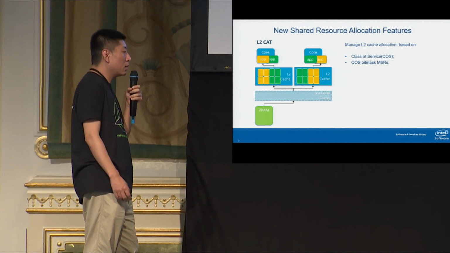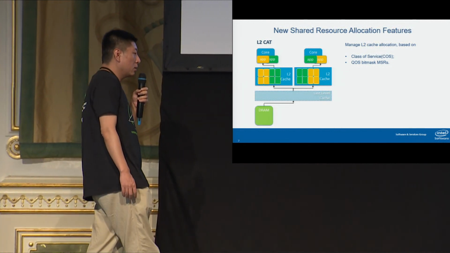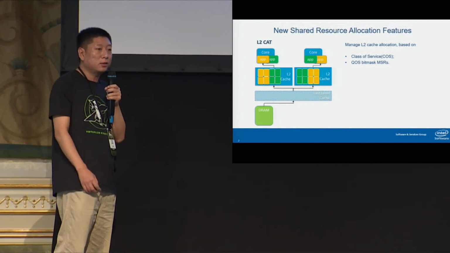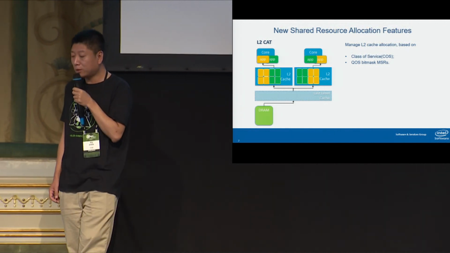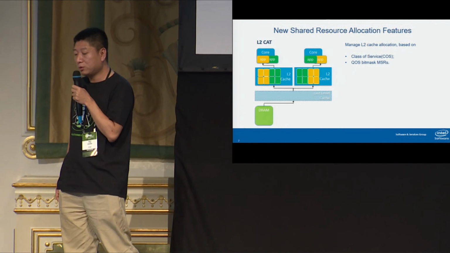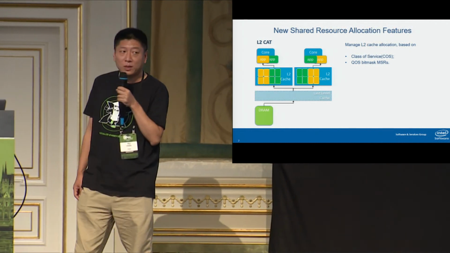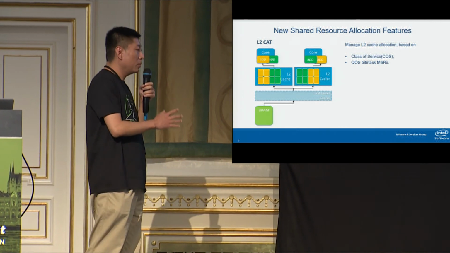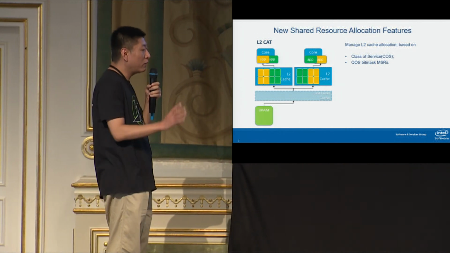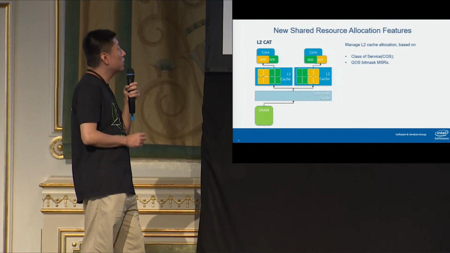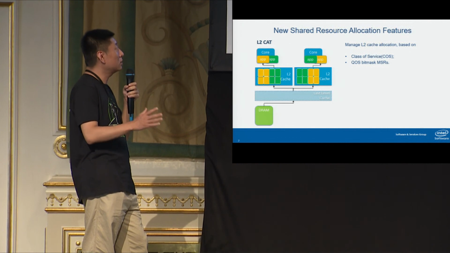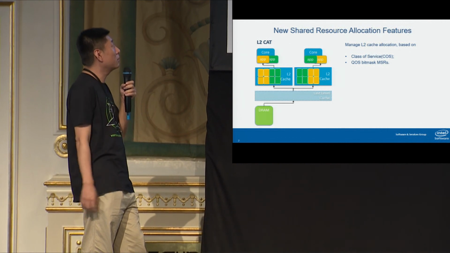This MSR specifies how many cache lines can be allocated to a specific user, and it also specifies how the cache lines are overlapped, shared, or separated and isolated between different applications.